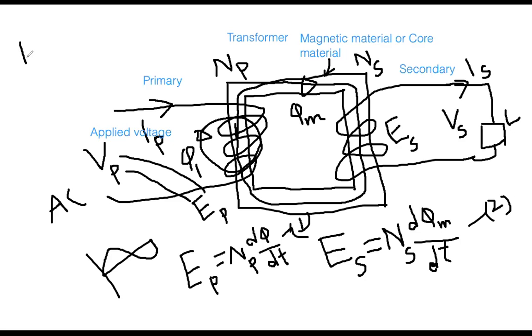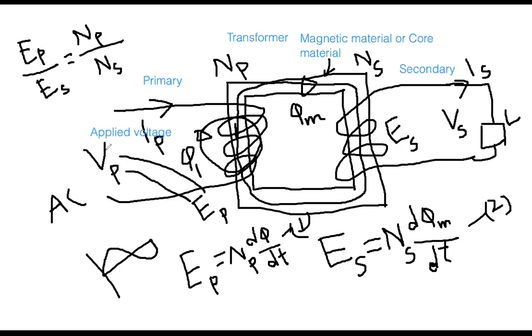You will be getting this type of relationship: EP over ES, and then d phi m by dt will be cancelled, so NP over NS. See the relationship: this is primary voltage, this is secondary voltage, this is primary number of turns, this is secondary number of turns.